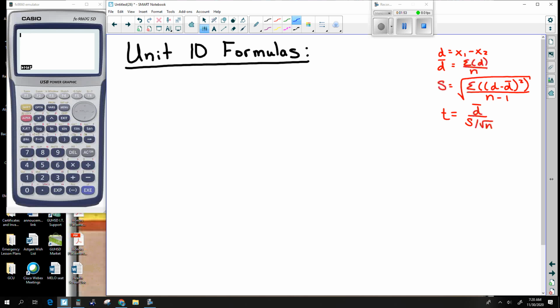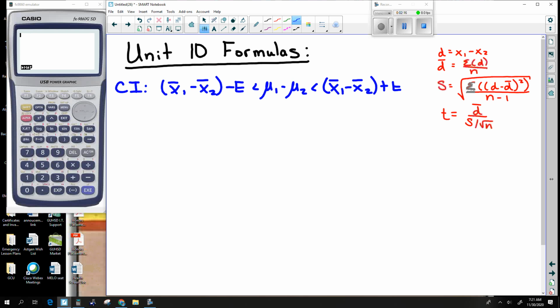Both of these are going to run off the same confidence interval itself, which is x bar 1 minus x bar 2 minus e is less than mu1 minus mu2 is less than x bar 1 minus x bar 2 plus e. Both of them are going to use that exact same confidence interval.